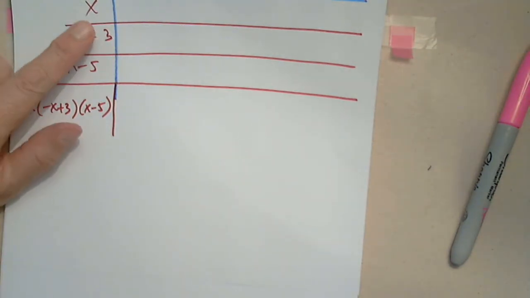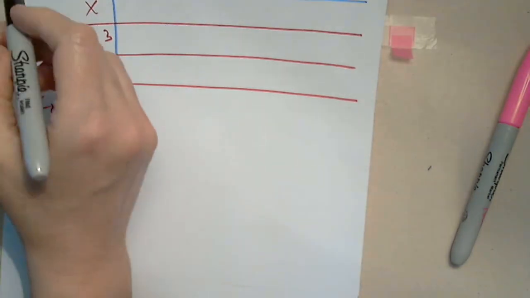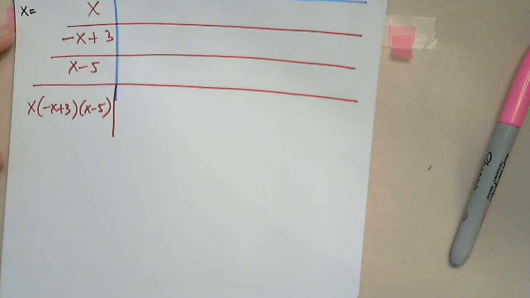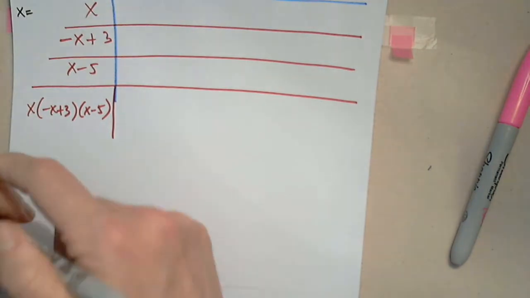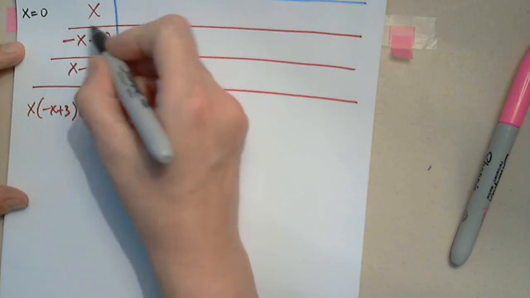Please tell me, when is this quantity 0? For what x value? And I'm going to write it here on the side. When x is 0. Perfect. When is this quantity 0?